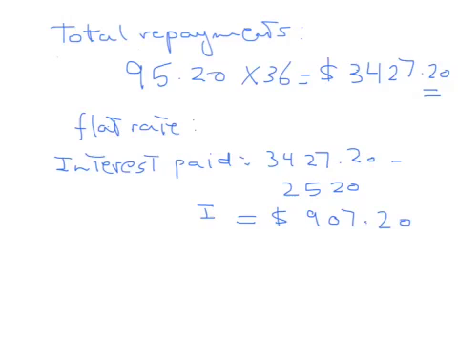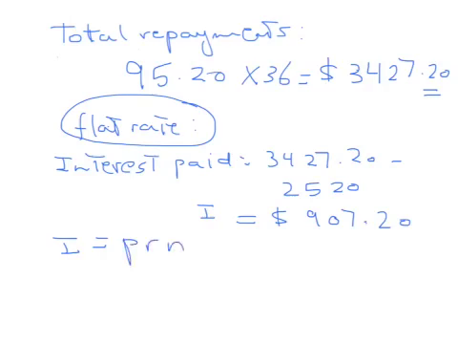But the question is still asking you about the flat rate. So we need to use the formula for a flat interest rate, the simple interest formula, which is I equals PRN.